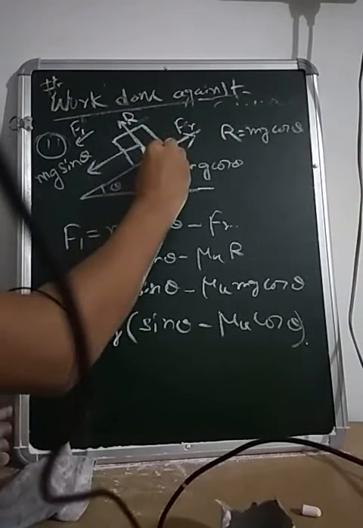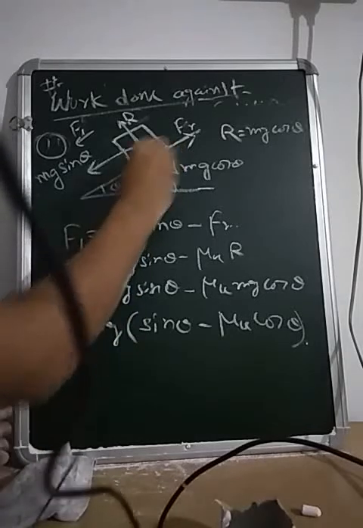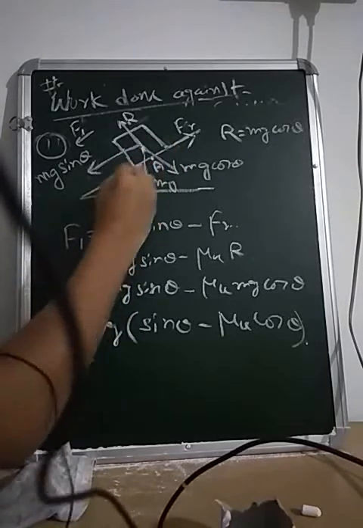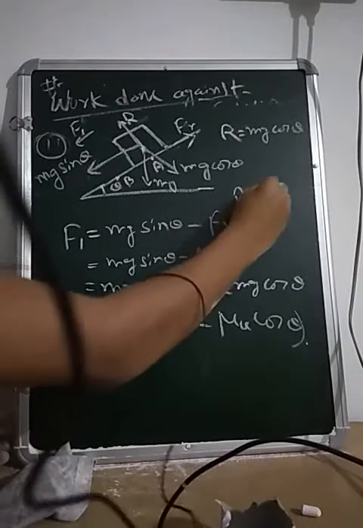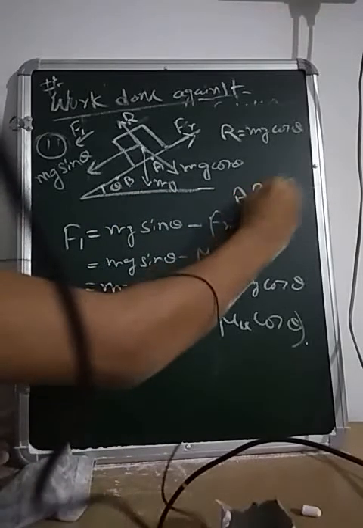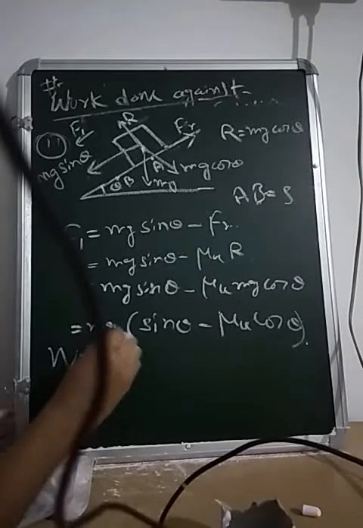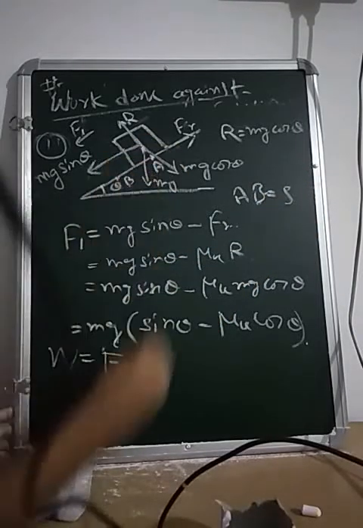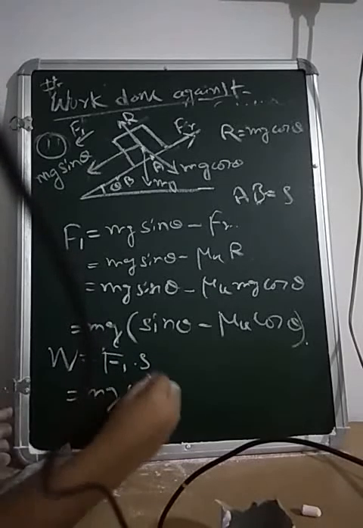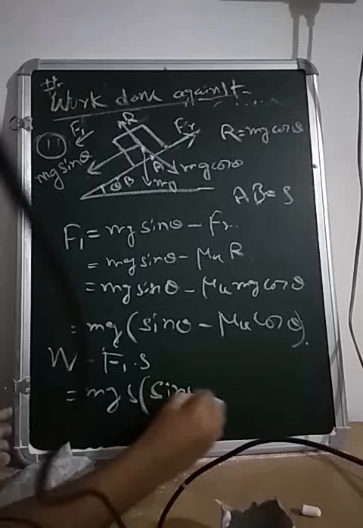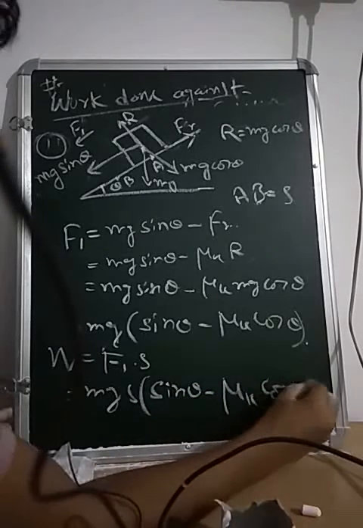And suppose we want to calculate the work done in moving the body from position A to position B. Suppose the separation between the two points A and B is S. So the work done in bringing the body from A to B is mgS (sin theta minus mu k cos theta).